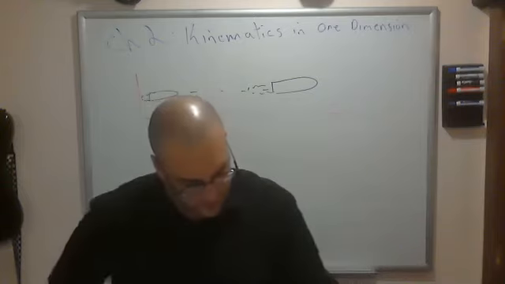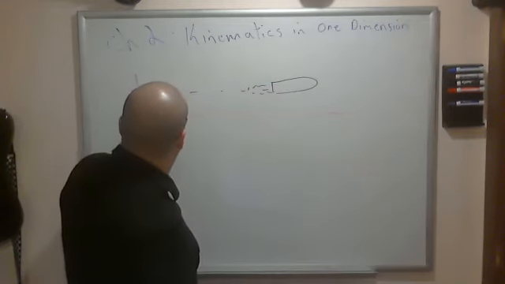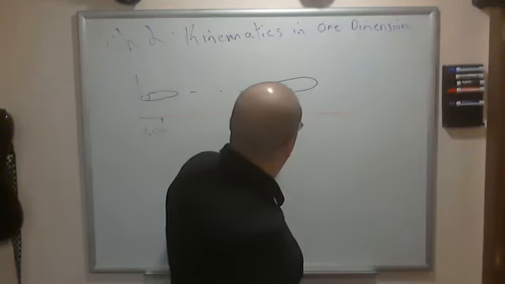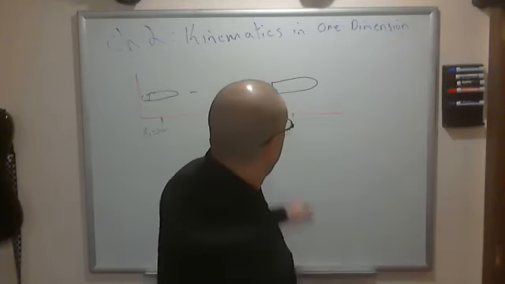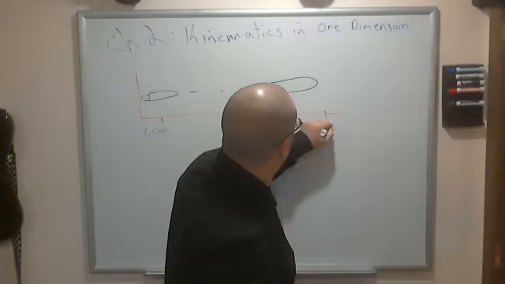So a jet engine moves along an experimental track. Over here, it's at roughly 20 meters, and this is x1. And over here is x2, and that lies in between 50 and 60.